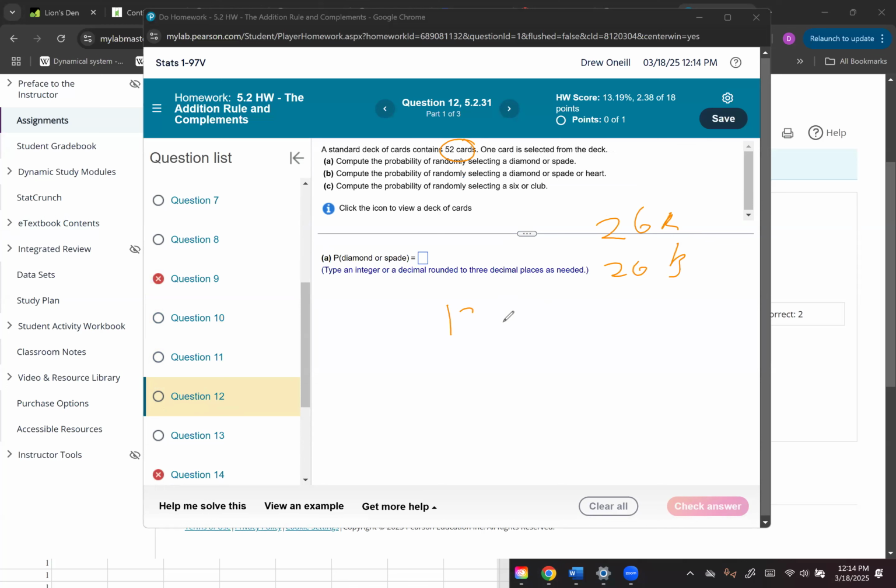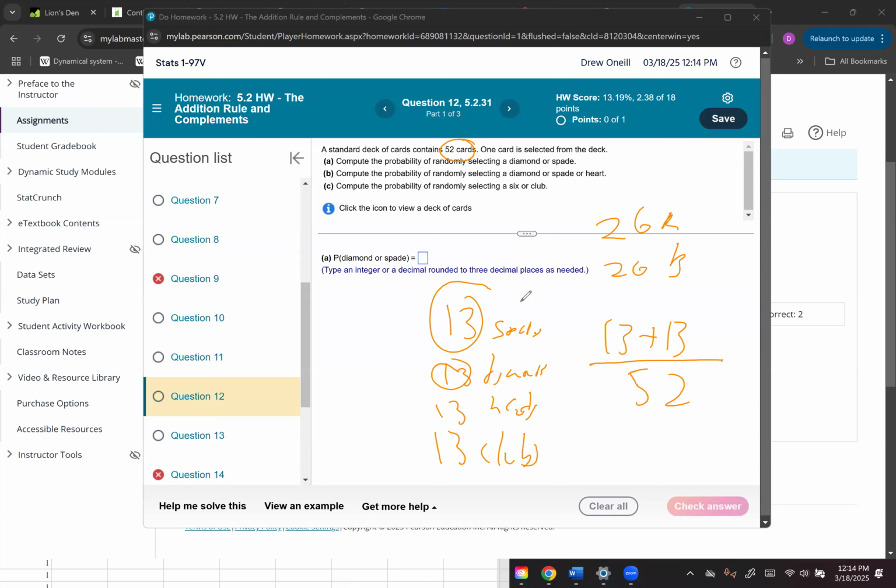There's 13 spades, 13 diamonds, 13 hearts, 13 clubs. So the probability of a diamond or a spade would be 13 plus 13. You can't have both, so it's okay. They're mutually exclusive, divided by the total. Compute the probability of randomly selecting a diamond, spade, or heart. That would be 13 plus 13 plus the hearts, which is 13.